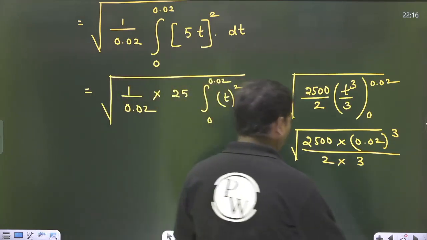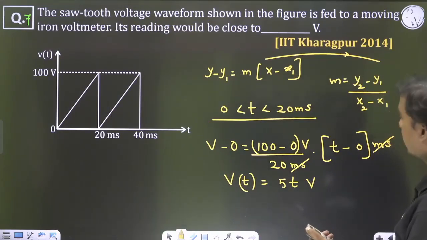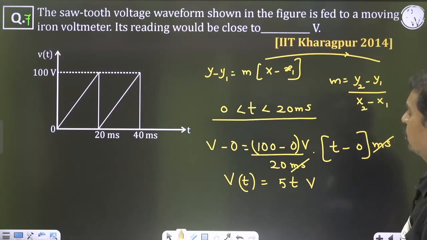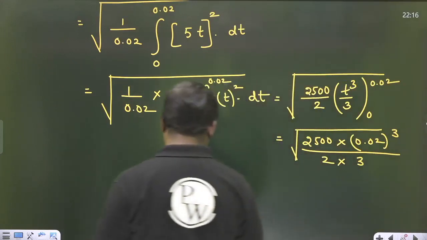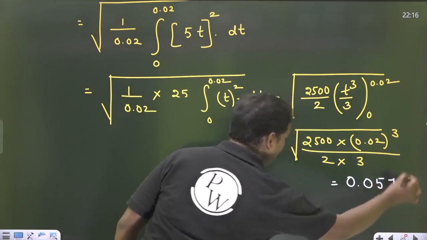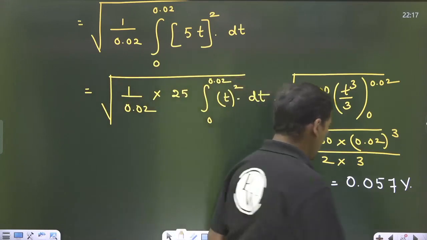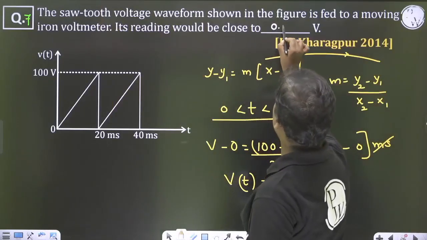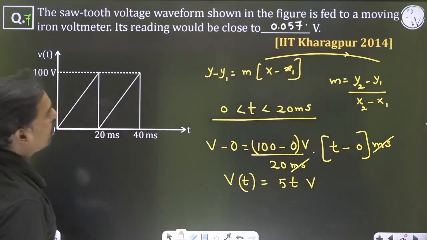So we are getting the answer as 0.057 volts, or 57.73 millivolts. The question asked is in volts, so the right answer is 0.057. Got it?